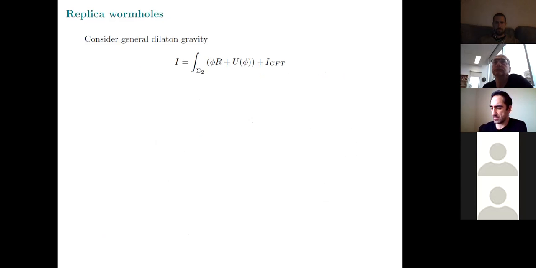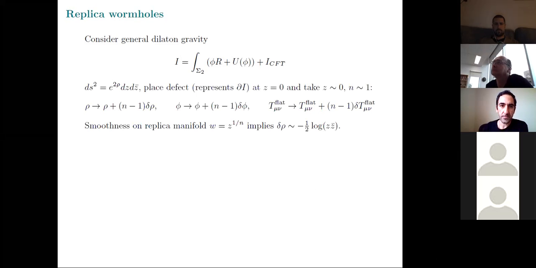So maybe I'll just go through this kind of quickly just to give people an idea. We also did a replica analysis in the paper, which applies to a general theory of dilaton gravity. This CFT is again minimally coupled to the metric and not coupled to the dilaton. And we did basically a local analysis.